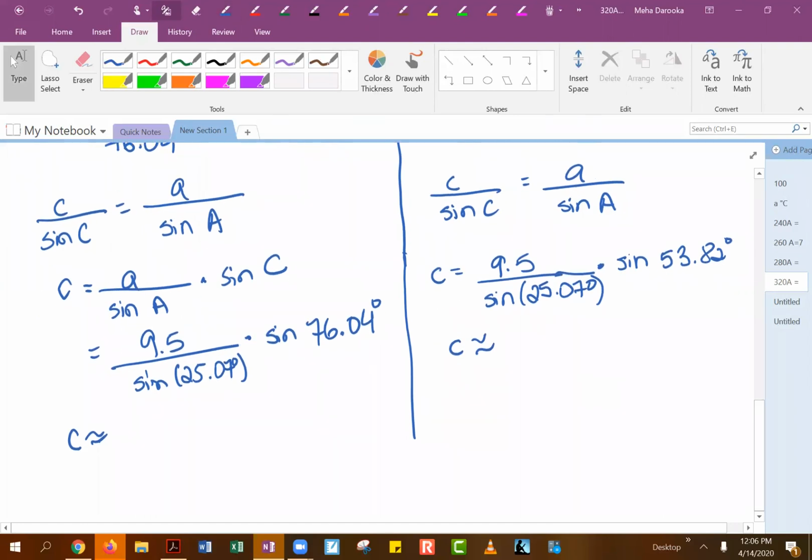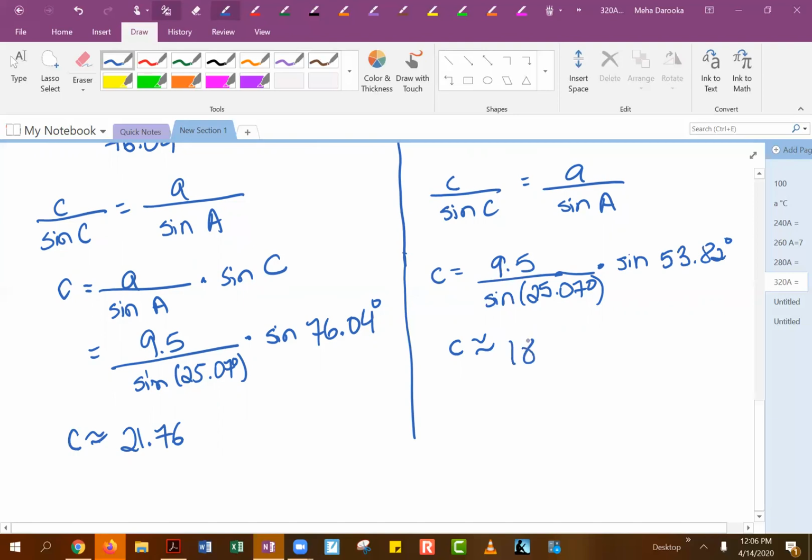Okay, for angle C, where you had 76.04, what's your side C calculation? I got 21.76. Alrighty, very good. And for the 53.82 angle, sine of 18.1, yeah, 18.1.